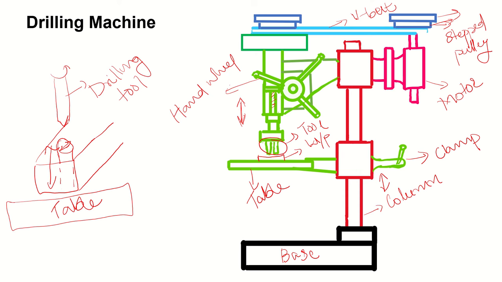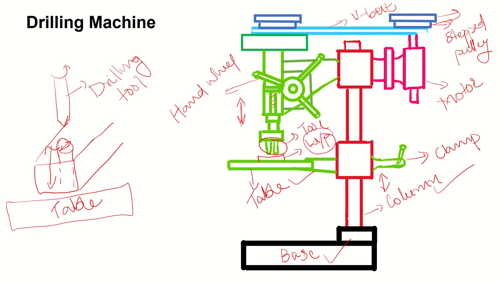Once again, I will tell you what needs to be considered while drawing a drilling machine. First you need to talk about the base, then immediately above the base the column, and on the column there will be a table attached, and above the table there will be the workpiece.